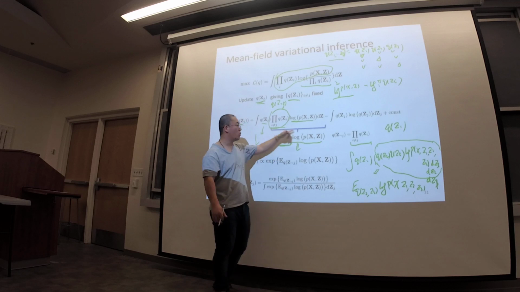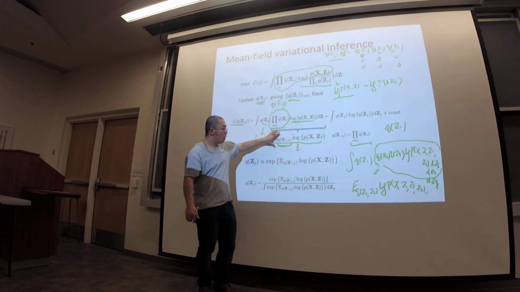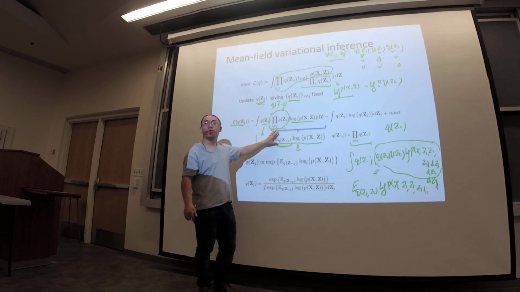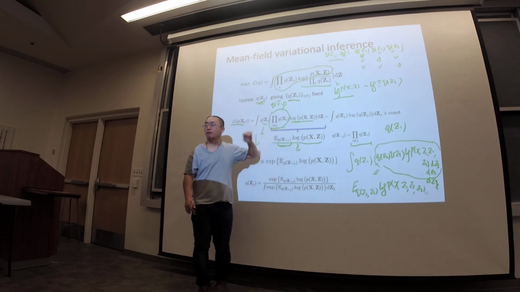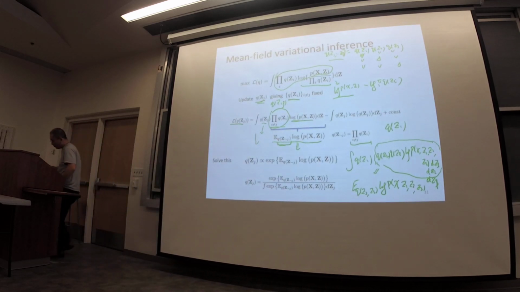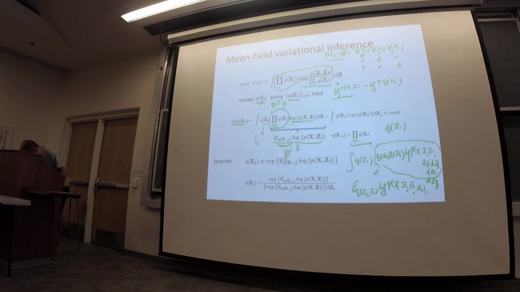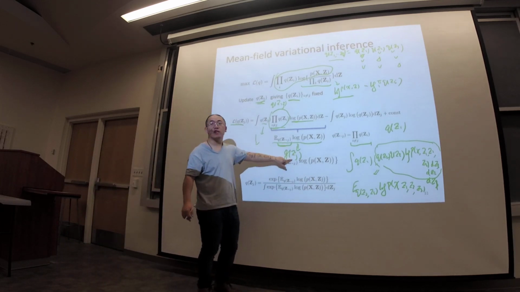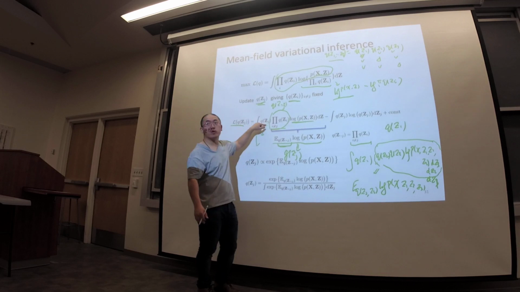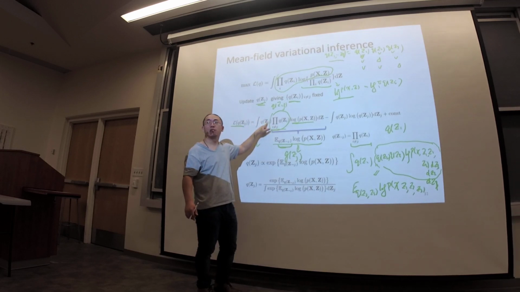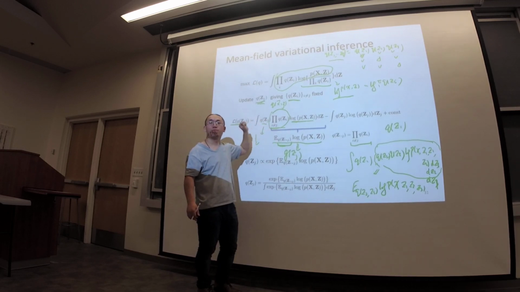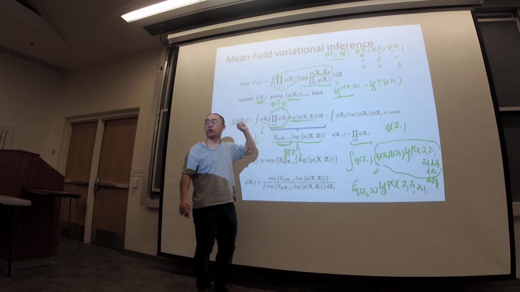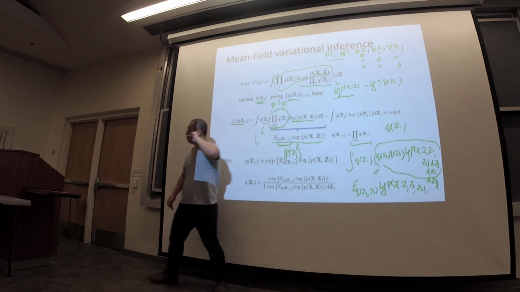So this part is still a random variable, a function of Zj. Then outside you need to do an expectation of this function of Zj with respect to Q(Zj). Everyone is comfortable? Okay.